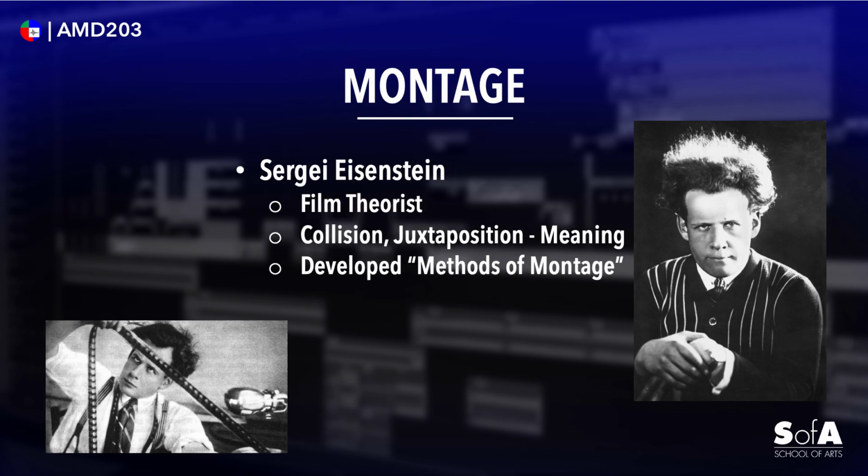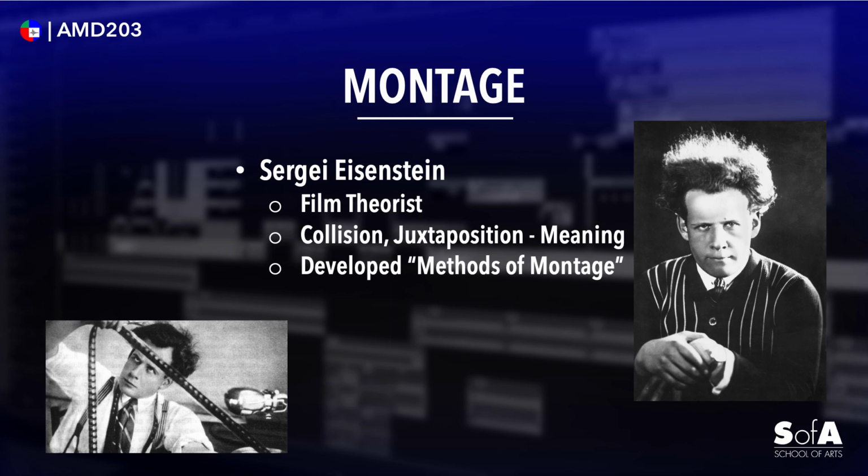So Sergei was a film theorist. He had a lot of ideas about how film could be utilized and developed into a form of high art, which, of course, is exactly what happened all over the world. And one of the things he was chiefly interested in was the collision and the juxtaposition of images to produce meaning.